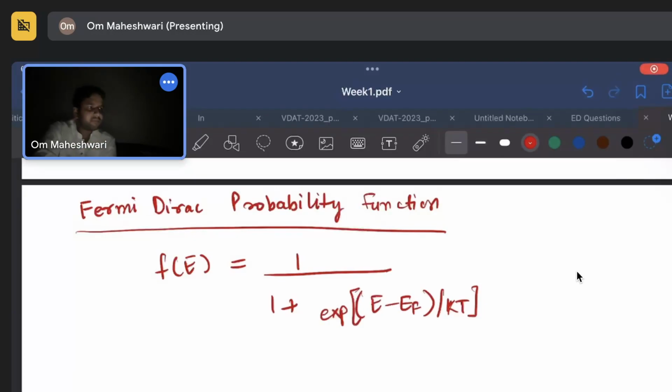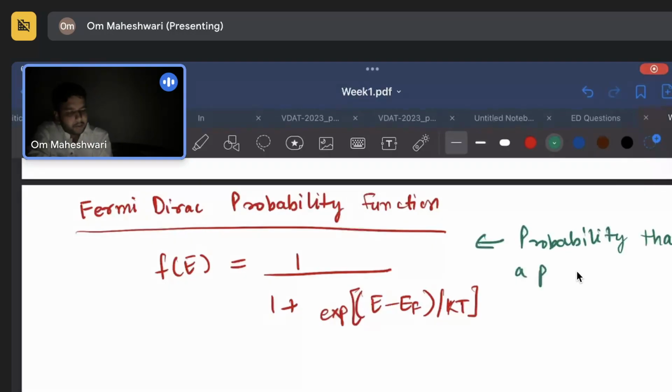Okay, so this is actually the probability that a particular electron state is occupied.